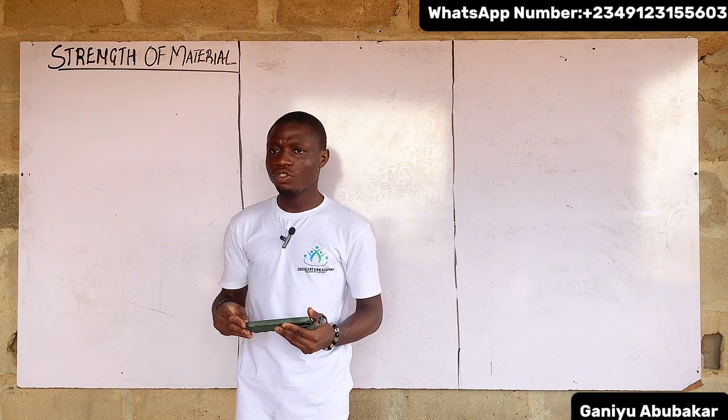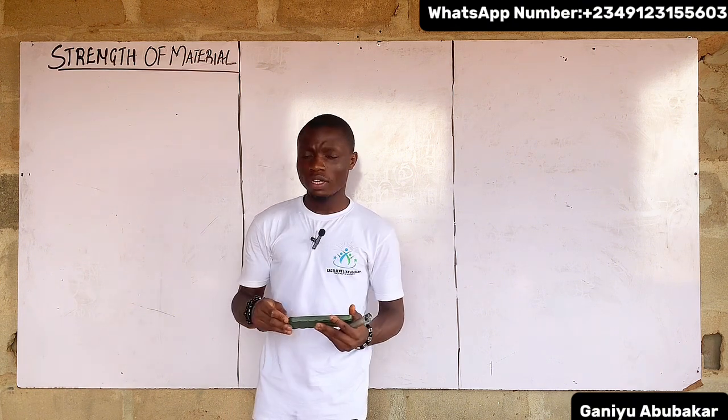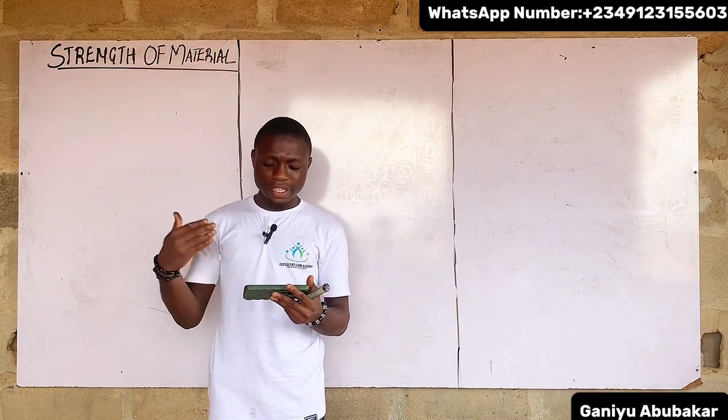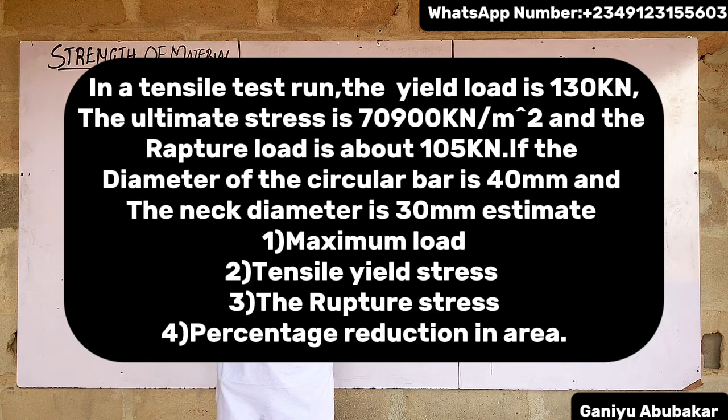All right, let's do example 2. Example 2 says, in a tensile test run, the yield load is 130 kilonewton, the ultimate stress is 7,900 kilonewton per meter squared, and the rupture load is about 105 kilonewton.